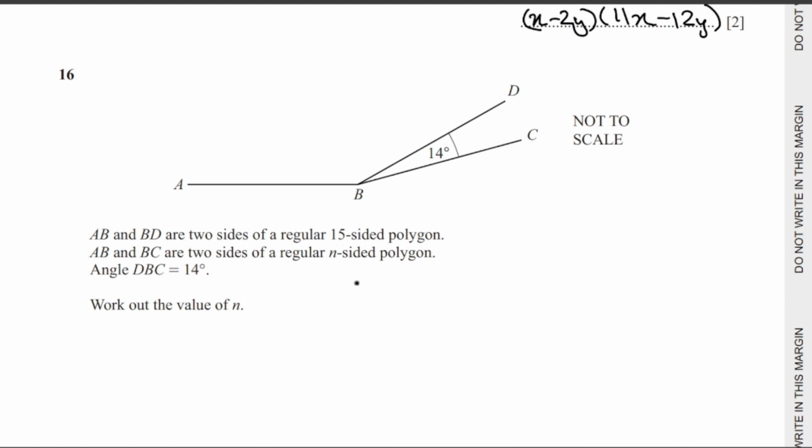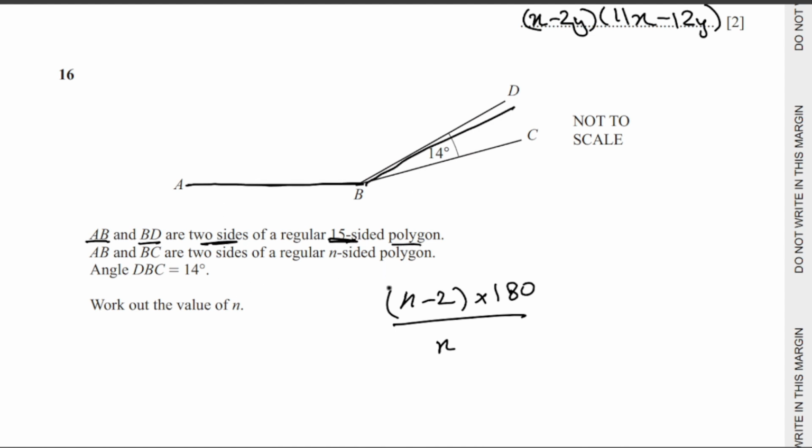For this, you're going to need to know the formula for the interior angle of a polygon, and that is going to be n minus 2 times 180 over n. So what we can do is, since AB and BD, which is basically from here to here, are two sides of a regular 15-sided polygon, we use the formula and replace n with 15.